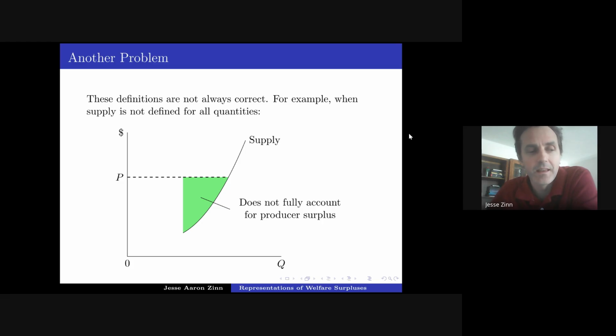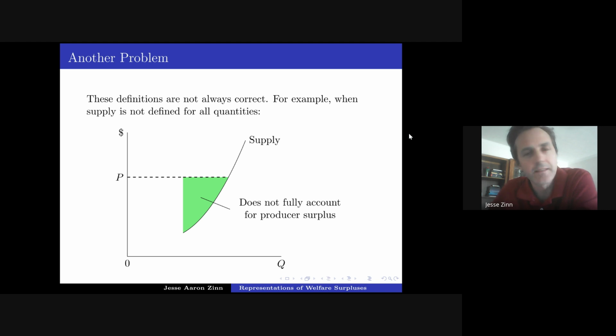If that occurs at a positive quantity where average variable cost is minimized, then supply won't be defined for positive quantities below that point. Like this supply curve right here, it's not defined for all positive quantities. It just starts abruptly, as you see, not on the vertical axis.